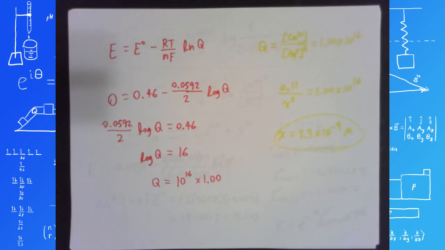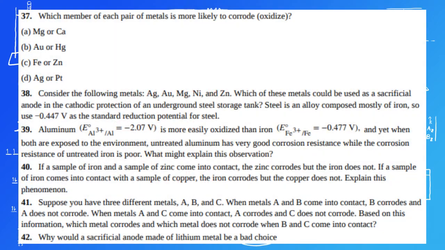Next up we have a bunch of questions about corrosion, which isn't really the most important topic. I don't think they focus on it all that much in AP Chemistry or in the college general chemistry course. Maybe they focus on it in IB Chemistry.